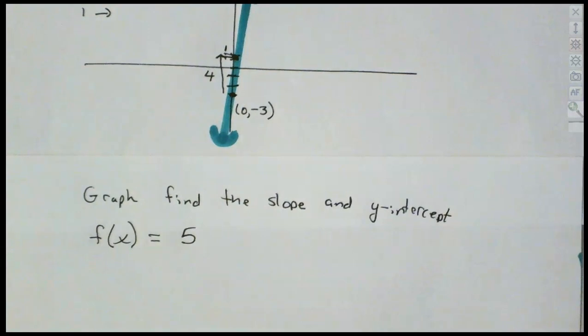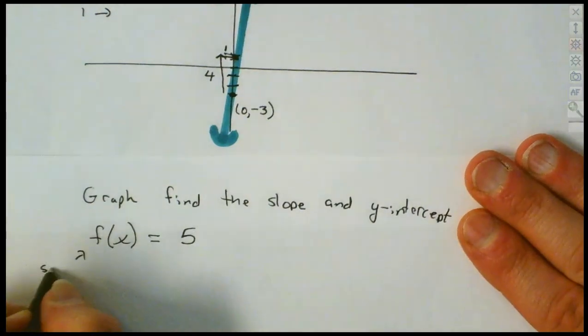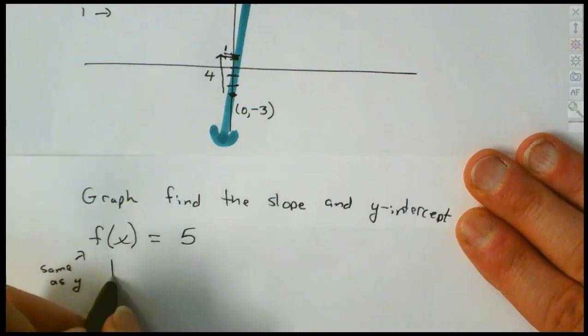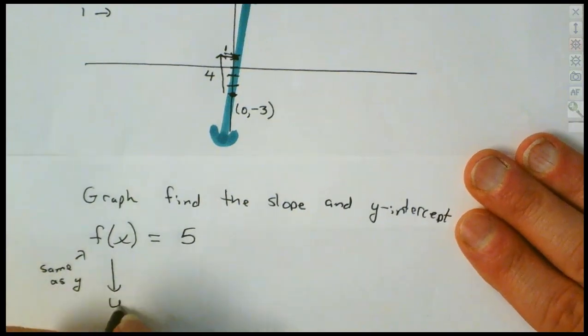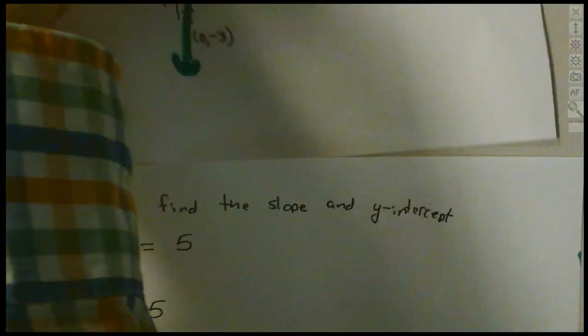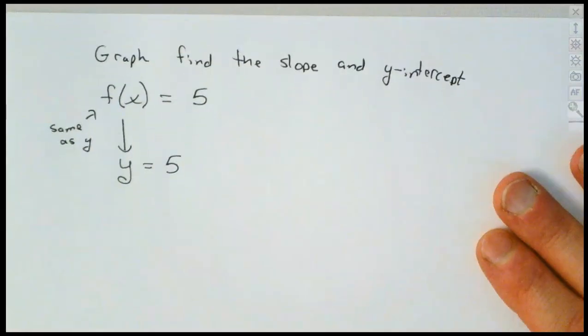Sometimes students get confused because of the f of x. Well, we know that f of x is the same as y. So I can rewrite this now, if I chose to, as y equals 5.